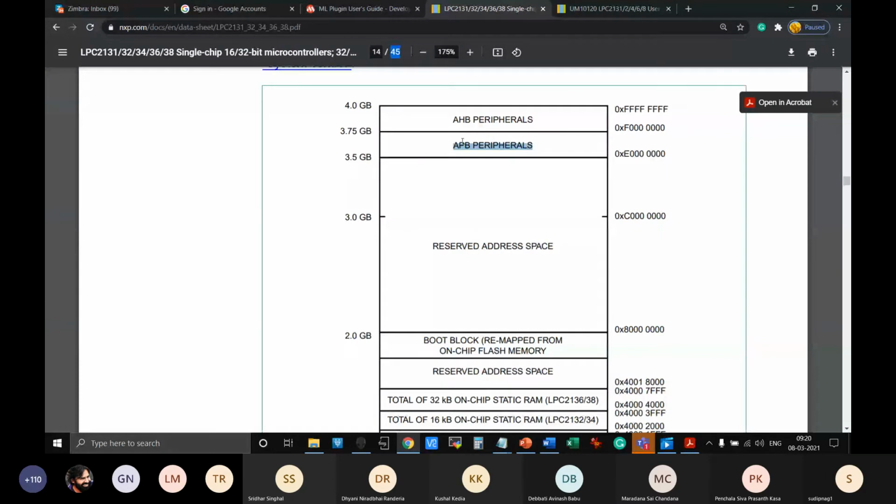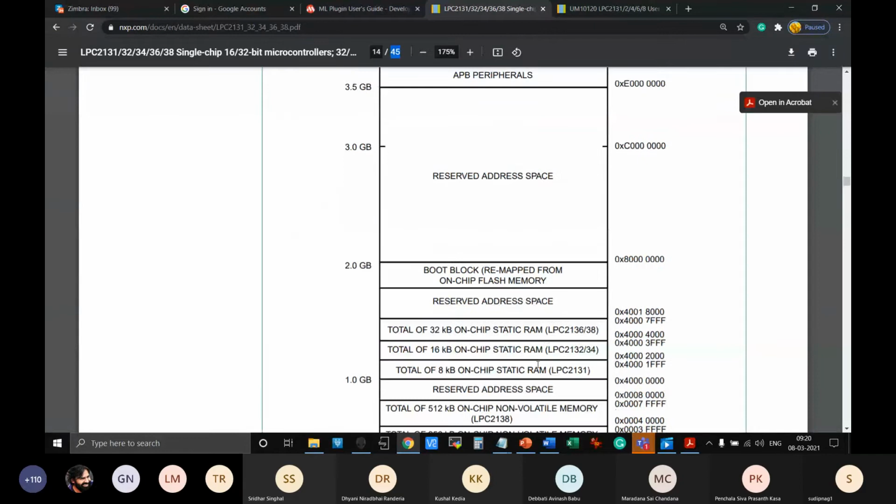Now there are some AHB peripherals where the trace module, the boundary scan or debugging registers are present. Someone asked me through, I think, MS Teams or email, and I'm going to answer all the questions one by one: what is the address for those trace modules, or how are trace registers mapped? Suppose I want to trace something from this APB.